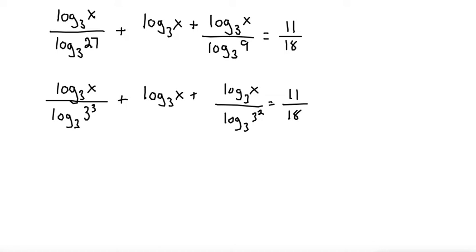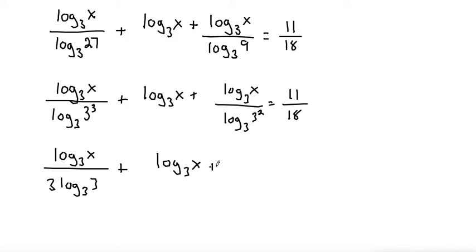Now let's use the formula of kicking the exponent to the front to write this as log base 3 of x over 3 log base 3 of 3, plus log base 3 of x, plus log base 3 of x over, again kicking the exponent to the front, 2 log base 3 of 3, bring down the other side.